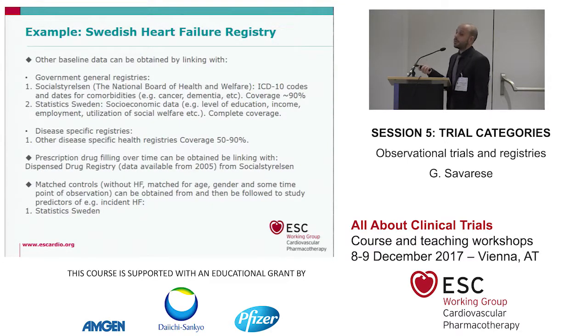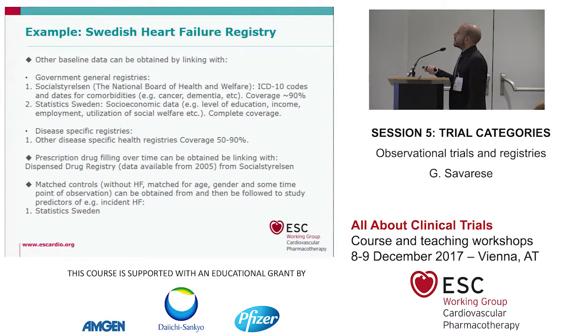We can match our registry with socio-economic registries, so we can know how much our patients earn, level of education, socio-economic conditions, how many children they have, if they are married or live with someone else, or if they are single.